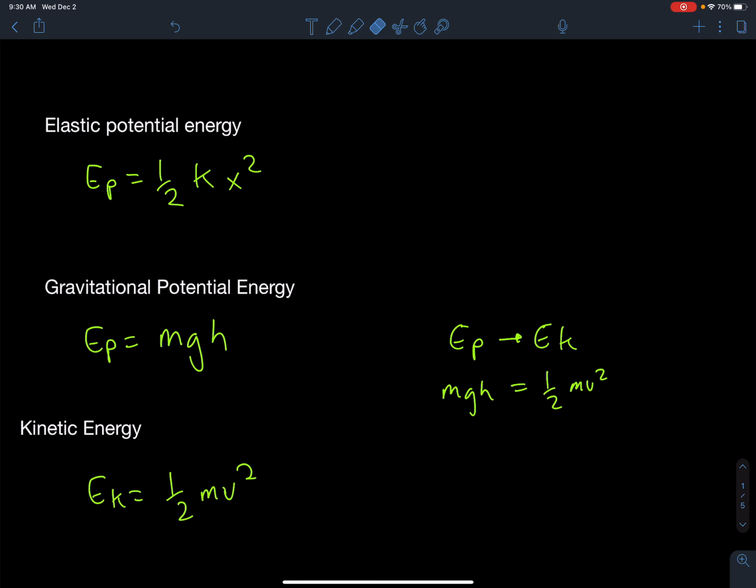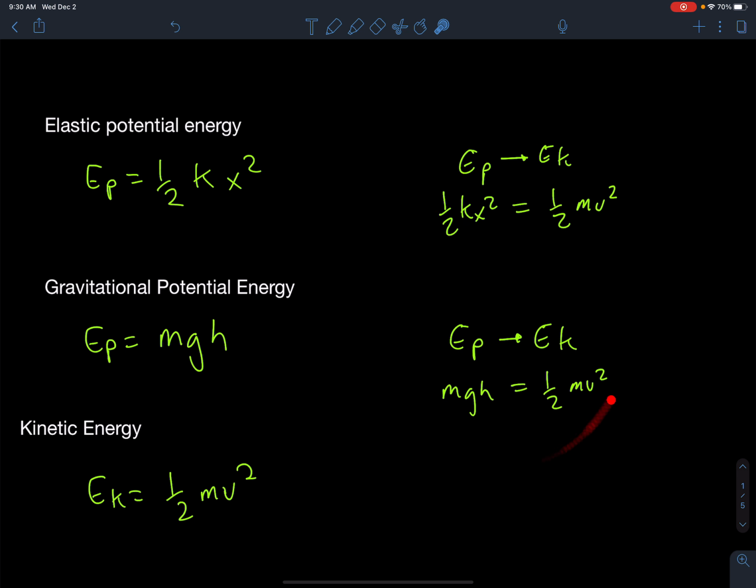If all the elastic potential energy is converted to kinetic energy, then 1/2 kx squared is equal to 1/2 mv squared, and I can solve for the velocity of an object leaving a spring.